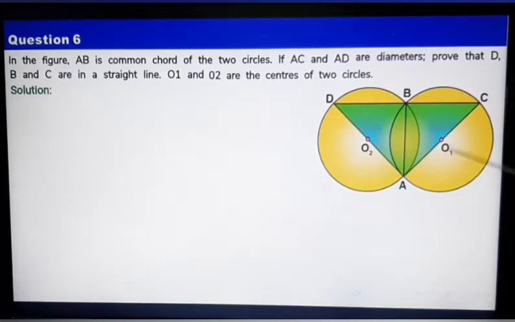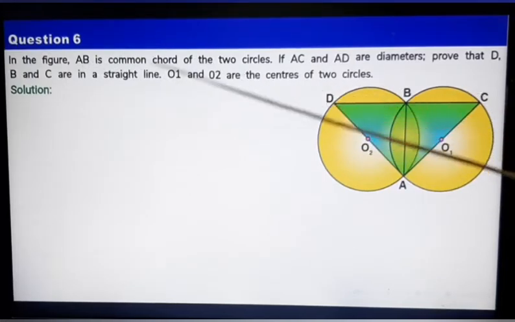Now AB is the common chord, meaning AB is a chord for both circles. If AC and AD are the diameters, prove that D, B and C all are in the same straight line.